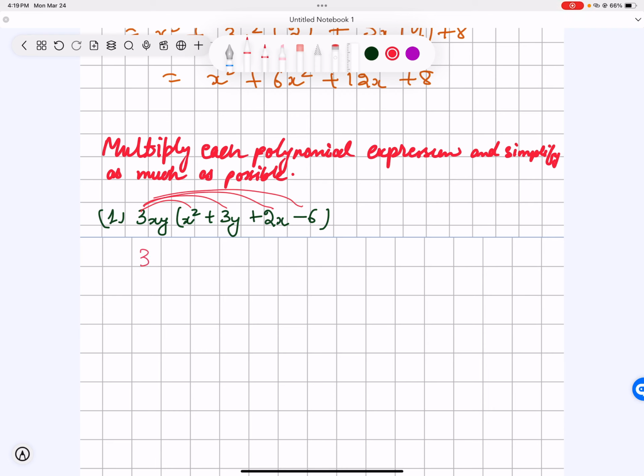So 3xy times x squared gives me 3x cubed y.